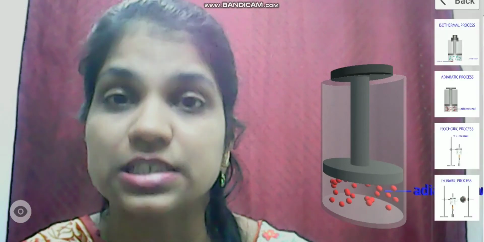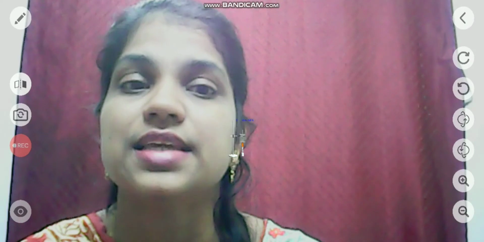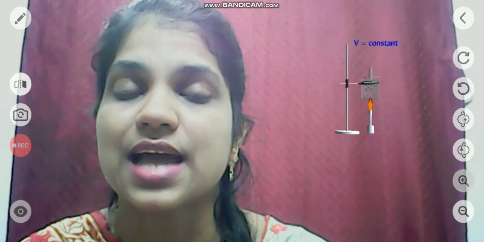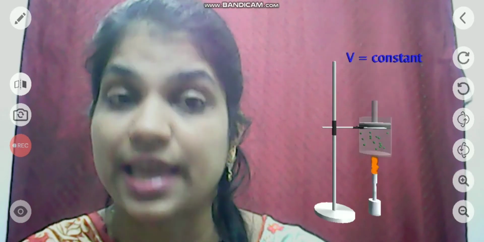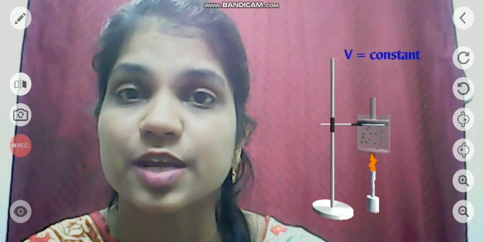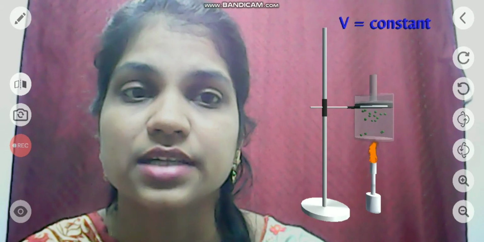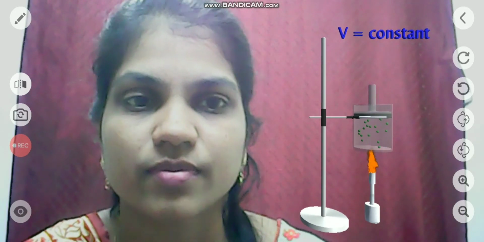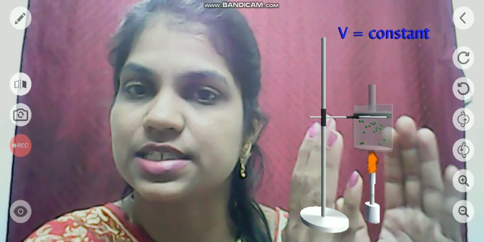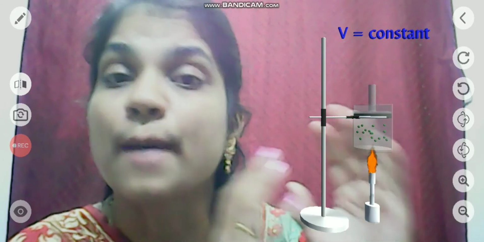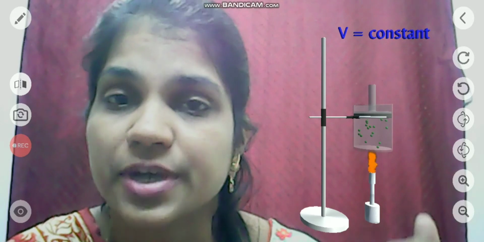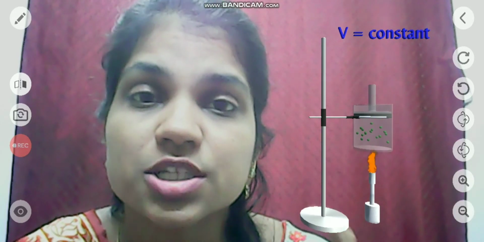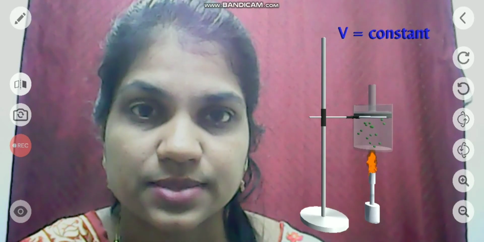Coming to the third one, the isochoric process. Again there has to be some constant variable, and here the constant variable is volume. Again we have a cylinder fitted with a piston, but there is no compression or expansion of gases, in order to keep the volume constant.